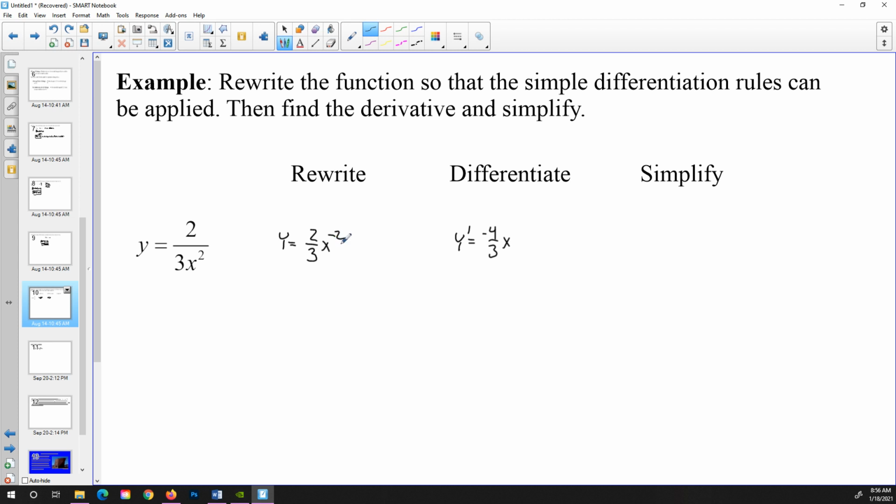So negative 2 minus 1 will give me negative 3, and we should never leave a negative exponent in our final answer. So we're going to say that y prime is equal to negative 4 over 3x to the third. Make that negative exponent positive by pushing it into the denominator, put a box around that, and say that we're done.